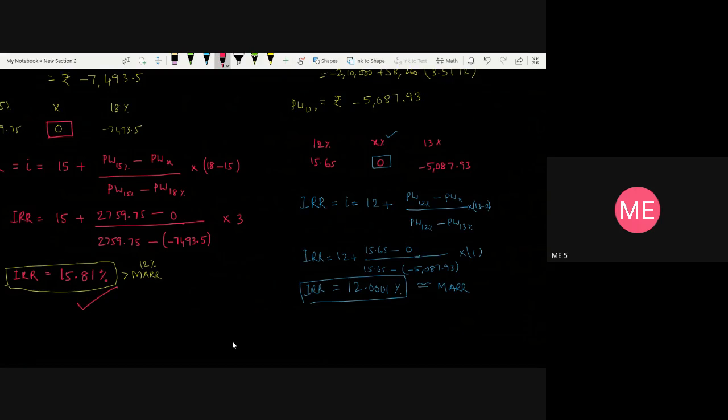So the best alternative can be chosen as alternative 1. Alternative 1 will be selected. The comparison is only between alternative 1 and alternative 2, because alternative 3 is falling below the minimum acceptable rate of return, so it will not be considered for comparison among the 3. Okay. So with this, I stop today.